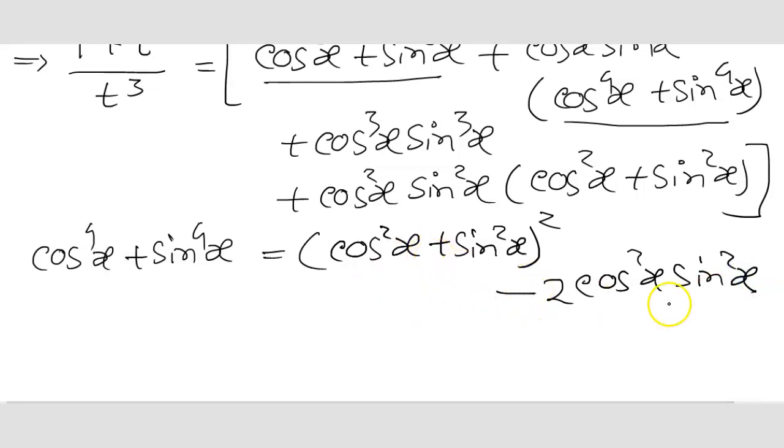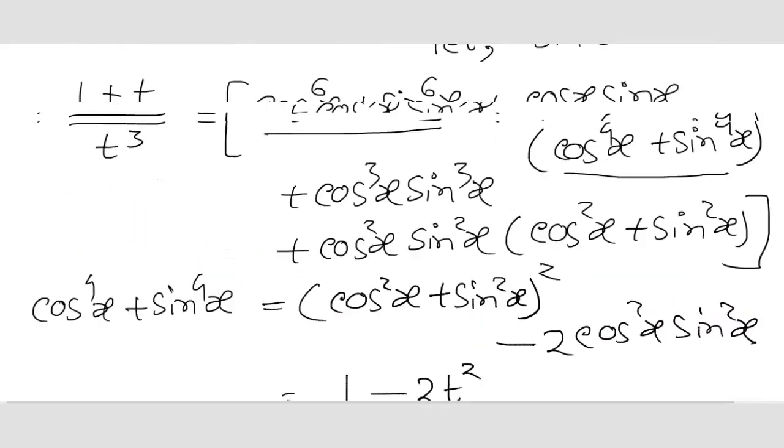A plus b whole square minus 2ab, and that in terms a square plus b square. So it is 1, and this is nothing but t square. So this thing is 1 minus 2t square.